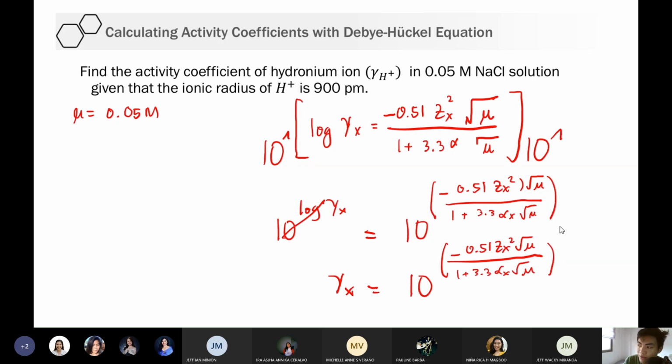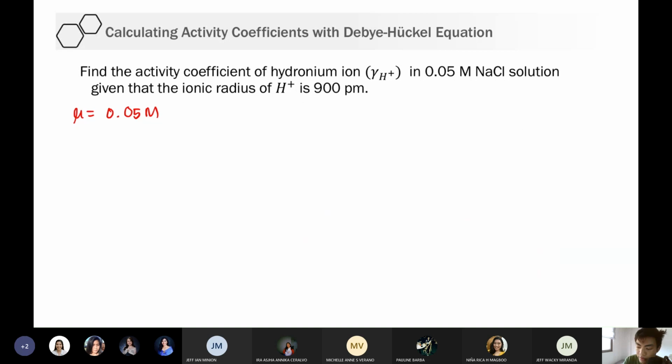So this equation here will tell us what the value of gamma is. What we're going to do next is to plug in whatever info we have. Okay, let's do that now. I will rewrite this. I will erase this part first so that I will have more space.